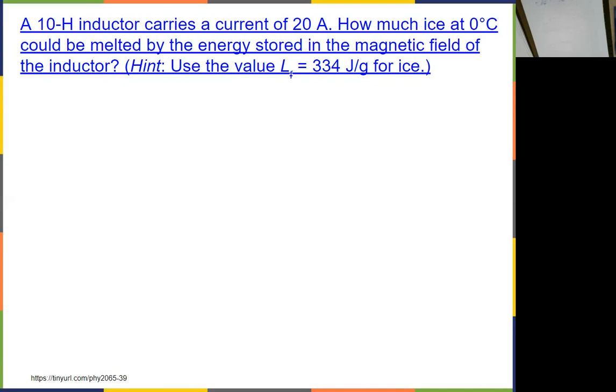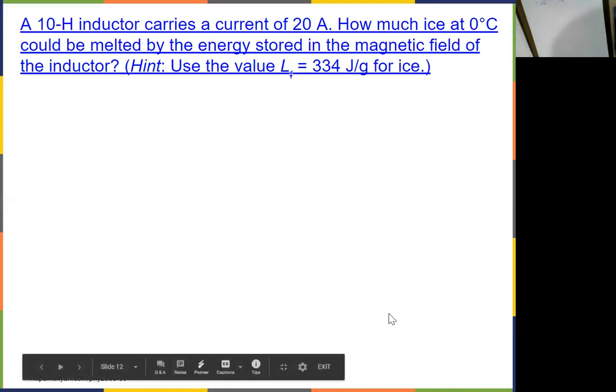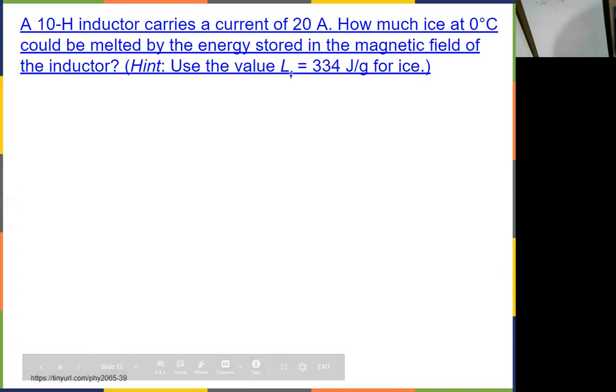The energy stored in the inductor you can calculate as 1/2 L I squared, right? Now you can use that energy to melt the ice and see how much ice can be melted at 0 degrees. I think you can give it a try, and we can take a look at this together in a couple of minutes.